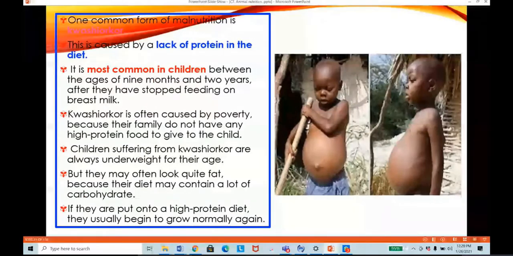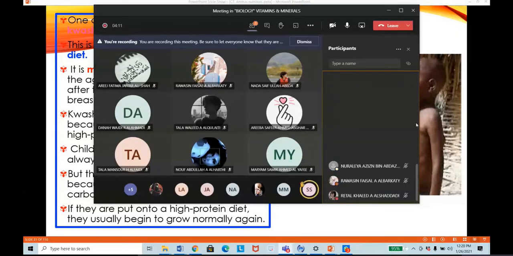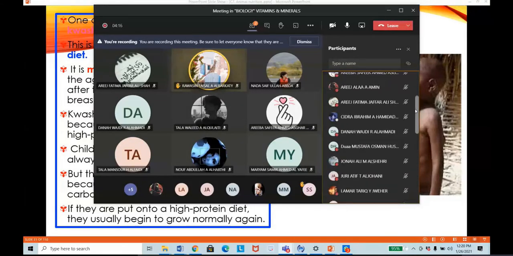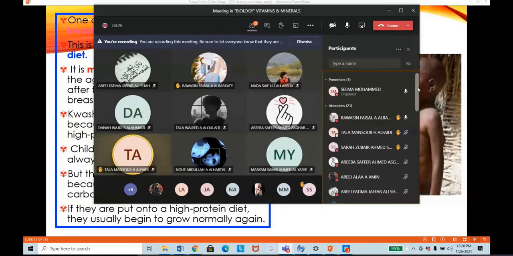And what about kwashiorkor? Who's going to explain kwashiorkor? Quickly, ladies. Rawasan is raising her hand again. I want someone else to explain it really quick. Sarah, go ahead.